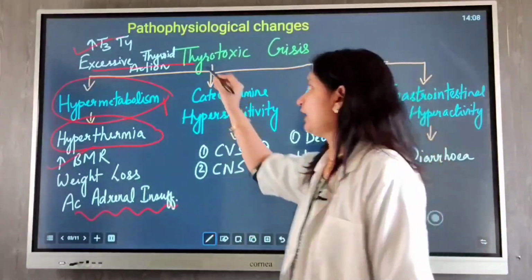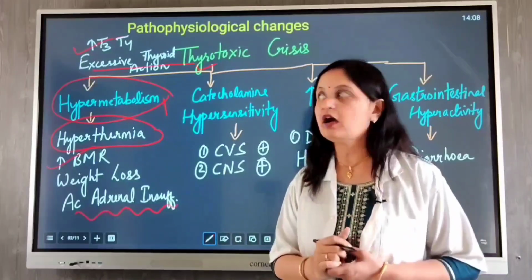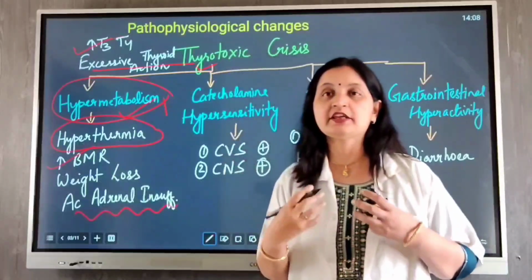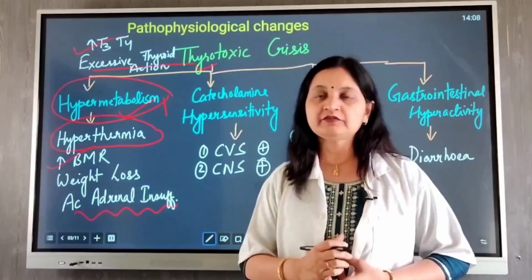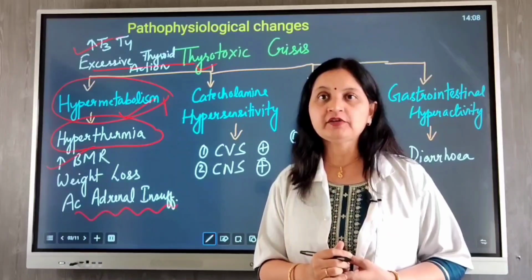Thirdly, thyrotoxic crisis leads to a hyperdynamic circulatory state, increasing the cardiac output. This happens because of increased metabolic demands of the tissues, and to maintain tissue perfusion, the cardiac output increases.